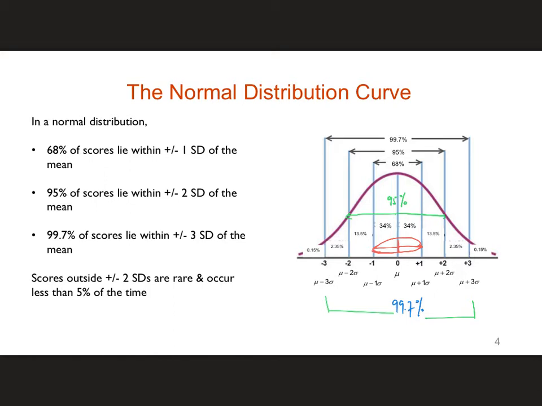So in this case, we are left with 0.3%. So the 0.3% is divided by 2, and that gives us 0.15%, and that is the area at the extreme tails. So the area at the extreme tails forms 0.15% each.